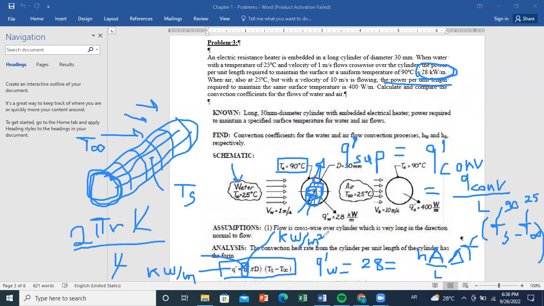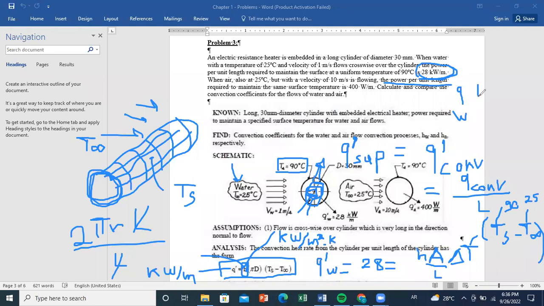times Kelvin, or degrees, it doesn't matter, because delta T in Kelvin is equal to delta T in degrees. So always pay attention to units. If you forgot the unit of H, it's fine, you can find it in a very simple way, because you know that when you write Q equal HA delta T, Q will be in watt.